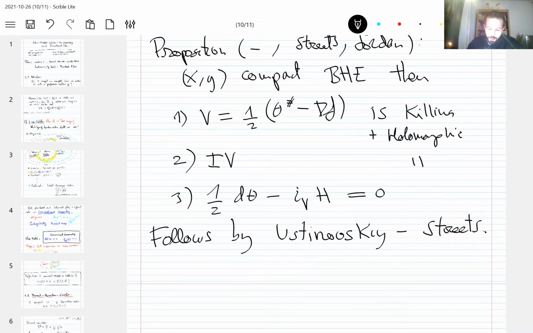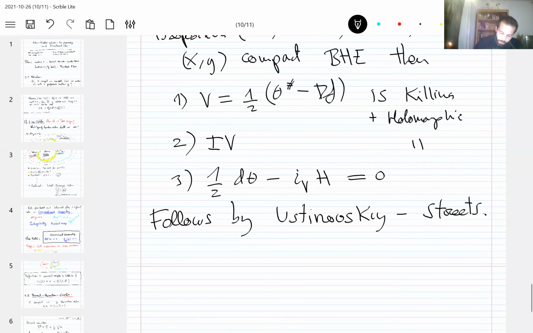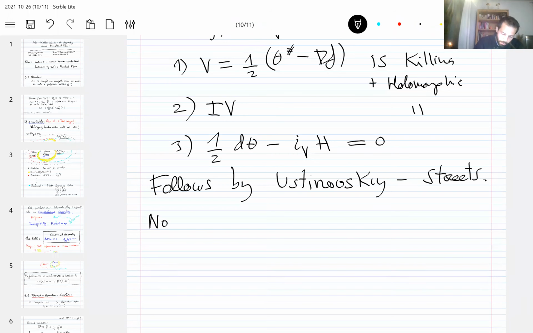So conditions one and three suggest that this system of equations, these Bismut Hermite-Einstein equations, have something to do with generalized geometry. Note that one plus three seem to point to a relation with generalized geometry.